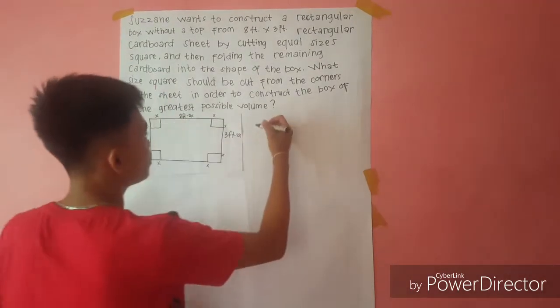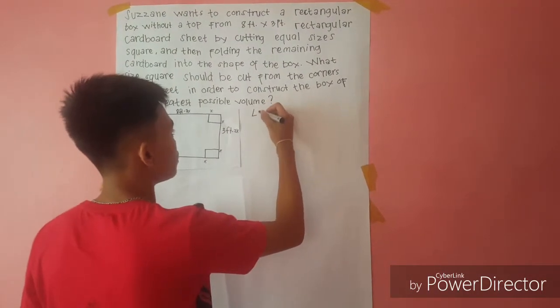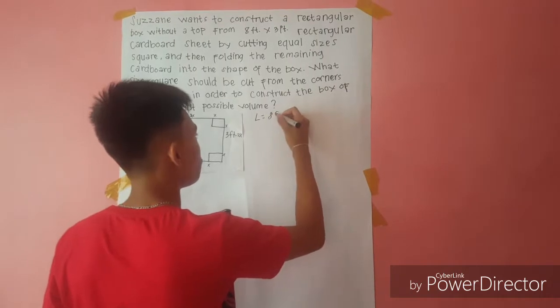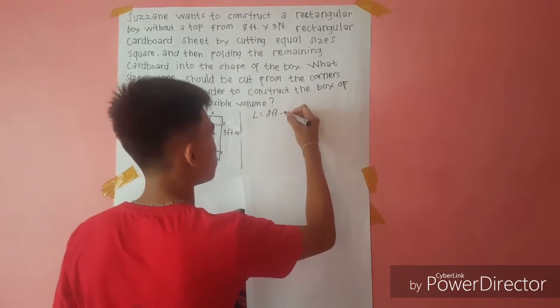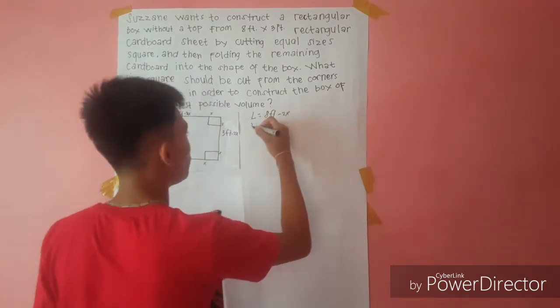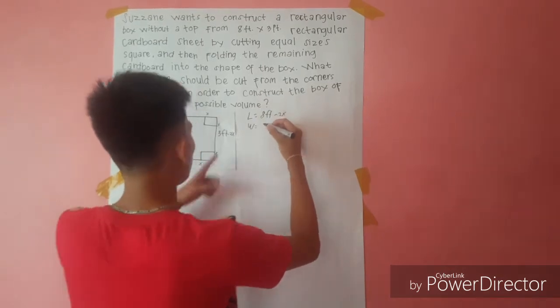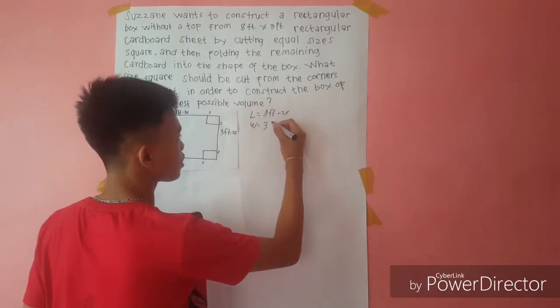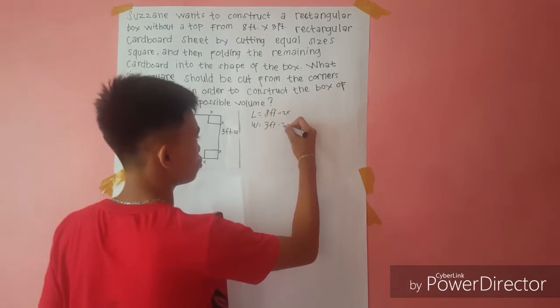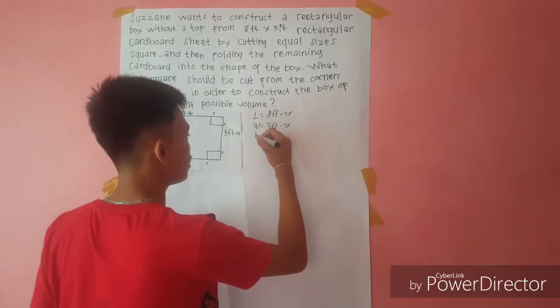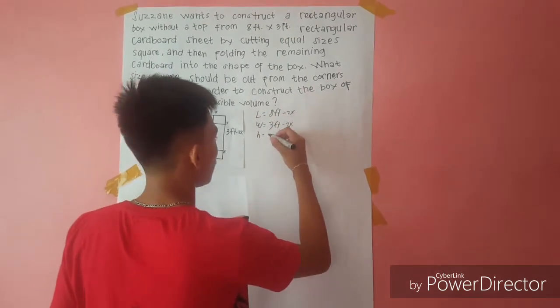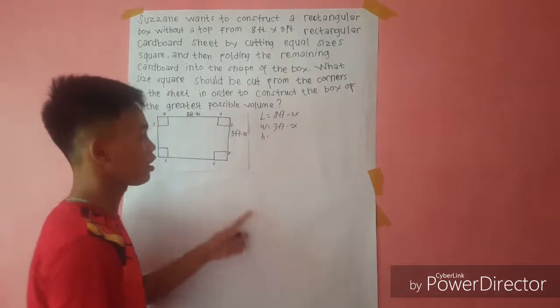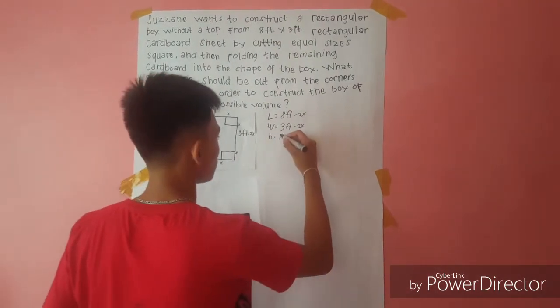The new length here is 8 feet minus 2x, and our new width here is 3 feet minus 2x, and our height here is unknown, so we're gonna assume the height here is x.